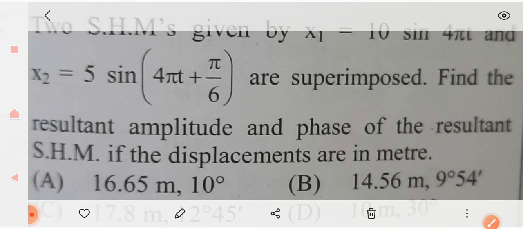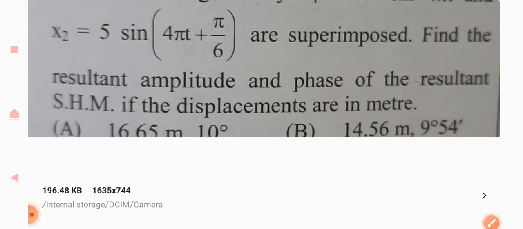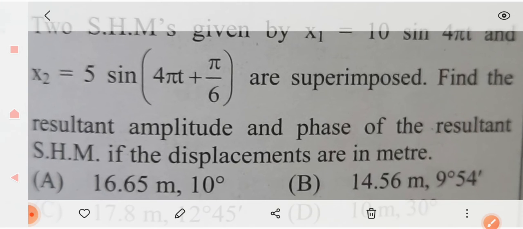Option A, 16.65 meter and 10 degree; option B, 14.56 meter and 9 degree 54 minutes; option C, 17.8 meter and 2 degree 45 minutes; and option D, 10 meter and 30 degree.